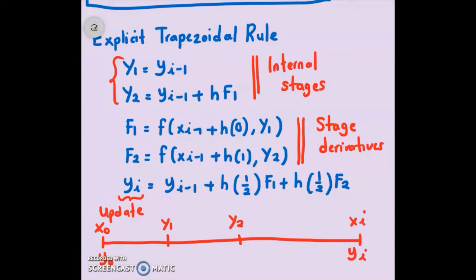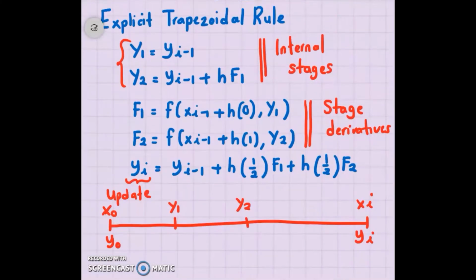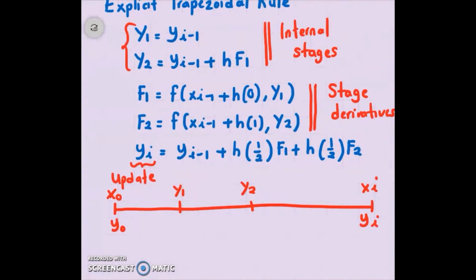Now go back to this defining equation again. I can write this in terms of the Butcher tableau, where it's given by this. These are my A, these are the c values, and these are the b values.